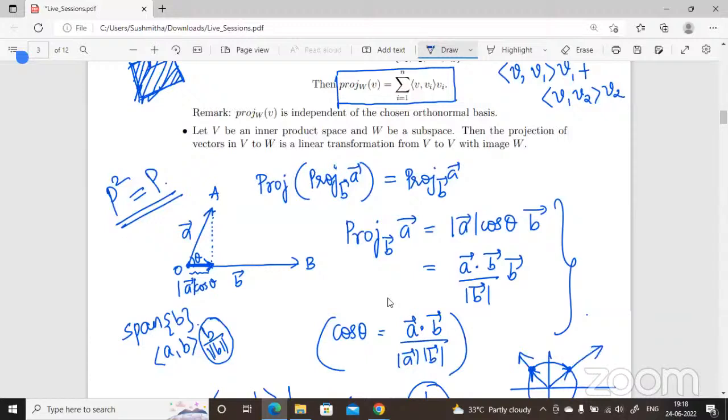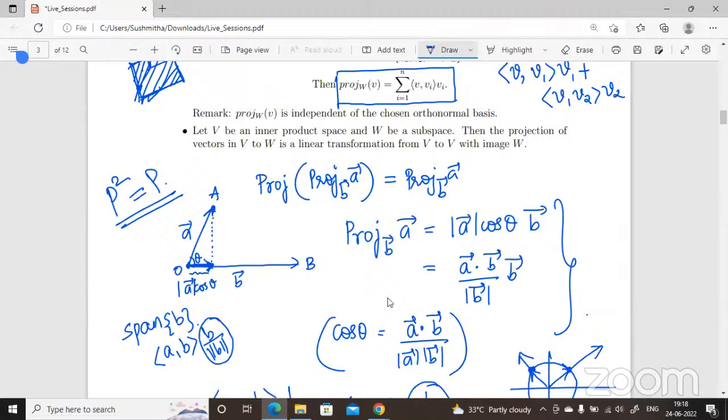I can see this A vector as being projected on the subspace whose span is this B vector. This can be treated as a subspace, right? Here I have drawn it as physical vectors, but I'm just saying it can be treated as a subspace. I'm confused when many vectors are projected.